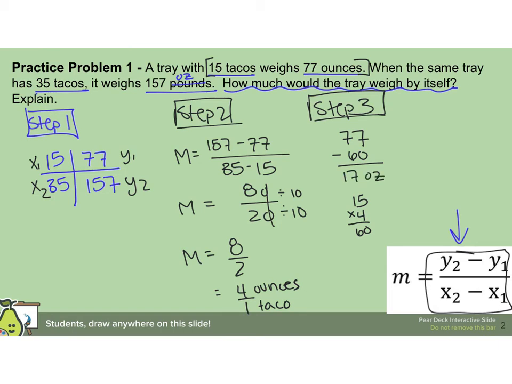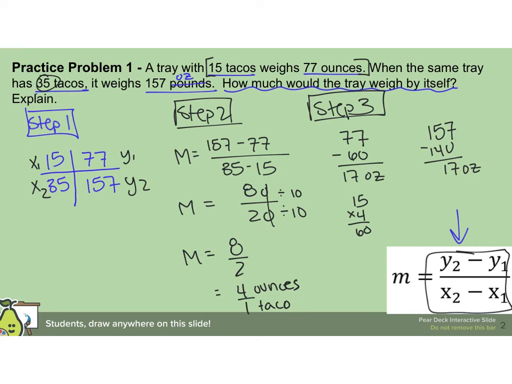You can use the other ordered pair as well. So the total weight is 157. I'm going to subtract the weight, this time, of 35 tacos. 35 times 4 is 140, which gives me 17 ounces. So it doesn't matter which point you use.